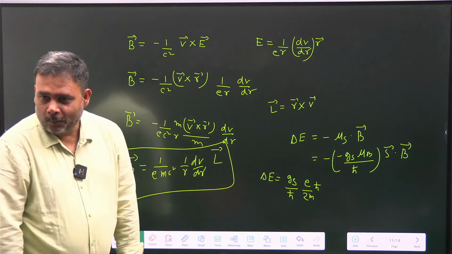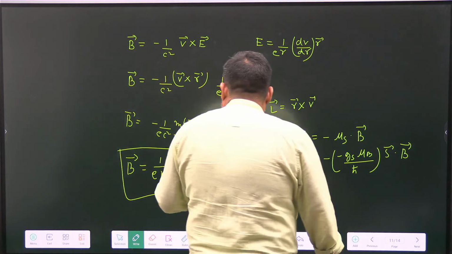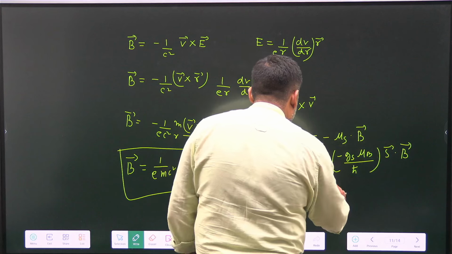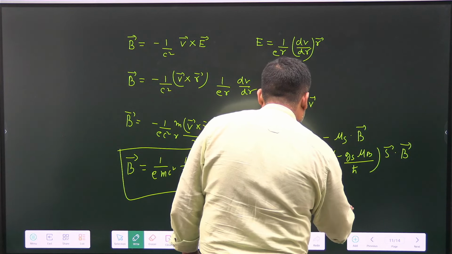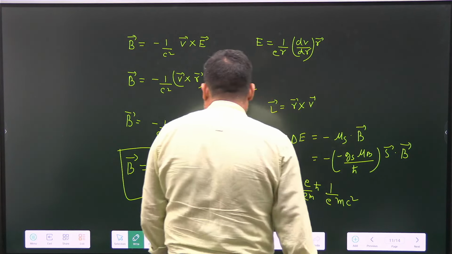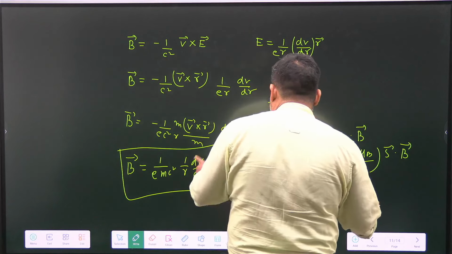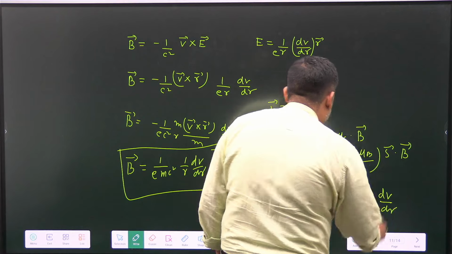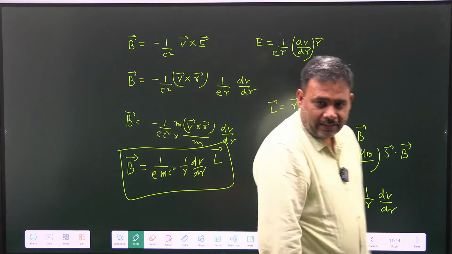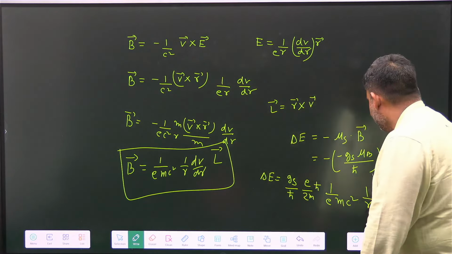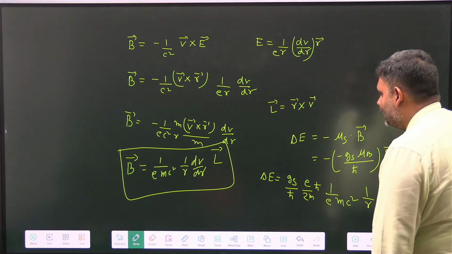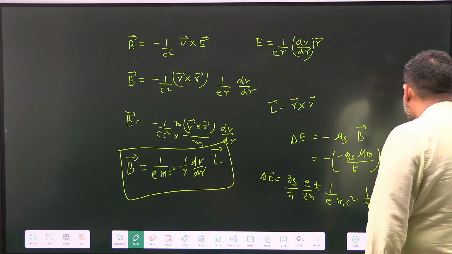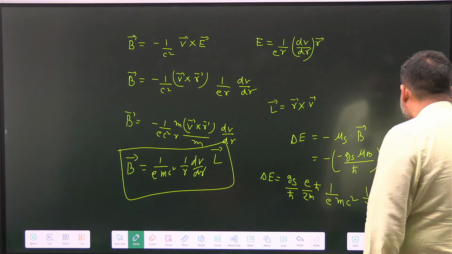This is the value of mu_B. And the constants with it: what are they? 1 upon e m c square, and the next constant is 1 upon r dV upon dr. Yes or no? 1 upon r dV upon dr. And what remains is only the vector term. So what will that term be? That term is equal to S dot L.